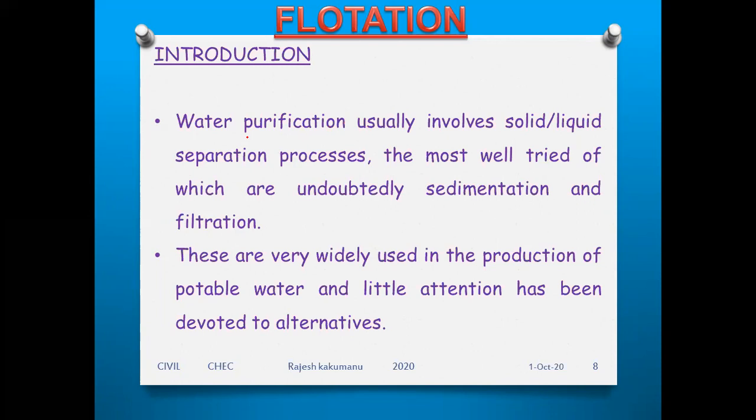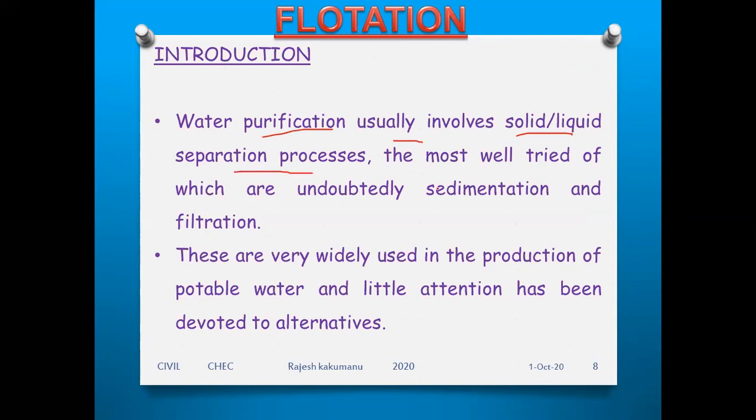When we go into Unit 5, the main concept is to separate solid from the liquid. There we require solids for sludge management, whereas in the primary and secondary treatment of sanitary sewage we mainly focus on water, right? So water purification usually involves the removal of solids, or solid and liquid separation, from the sewer pipe.